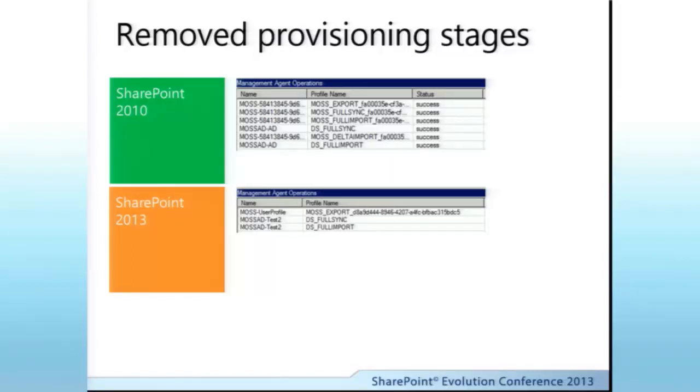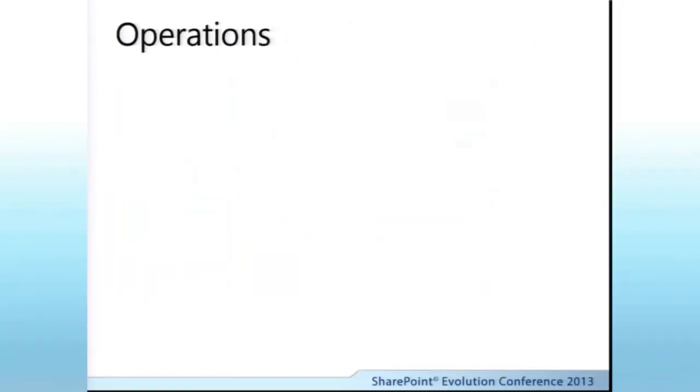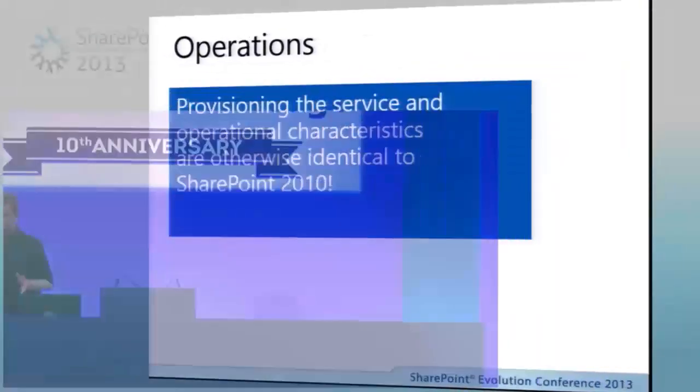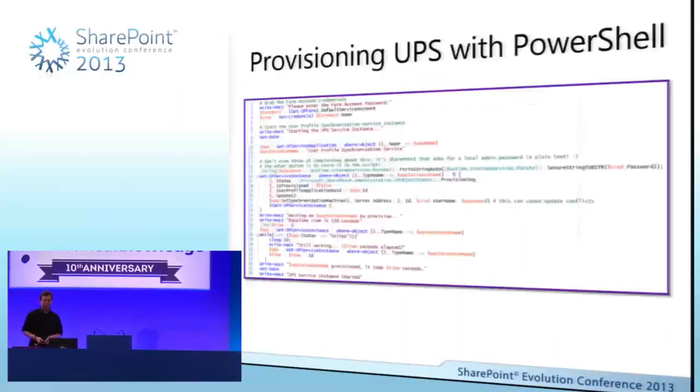So depending on where you live, you find that a little worrying. Anyway, as far as operations is concerned, nothing is different, right? It's exactly the same as what we had in SharePoint 2010 in terms of creating sync connections, starting the user profile sync service instance, doing our property mappings, and so on. Everything is identical. All the same caveats apply.